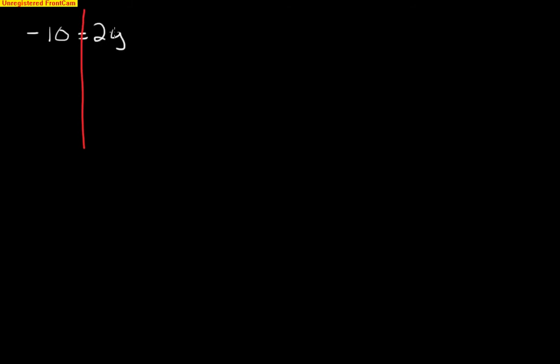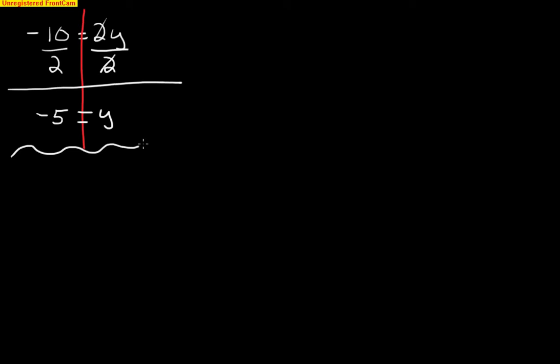So this is 2 times y on the right, and the opposite of times is to divide, so I'm going to divide both sides by 2. Okay, draw our line, and that's going to cancel these two out, and that leaves us on the right hand side with just y. And on the left hand side we've got negative 10 divided by 2. So we're at a negative 5. So we say that y is equal to negative 5.